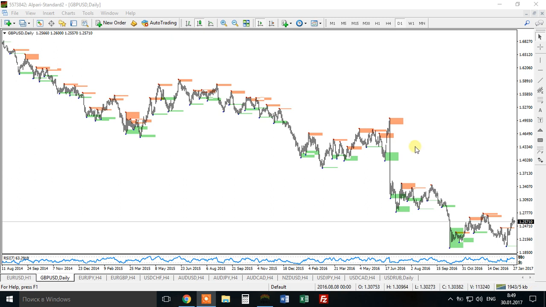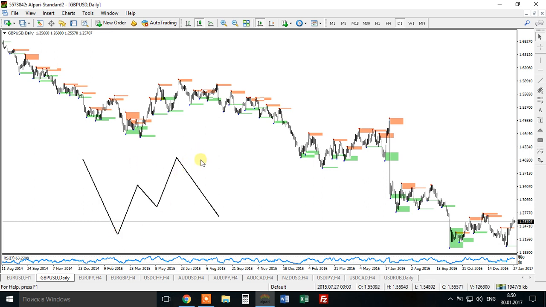Let me explain what I mean. Scott Carney says that the market is harmonic. If you copy and paste that movement, if you see an equal distance movement followed by a pullback followed by a movement, you usually have a reversal, something like that. That's why it is called the harmonic approach.